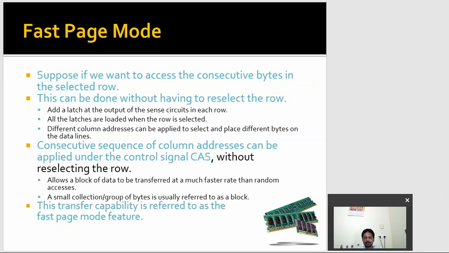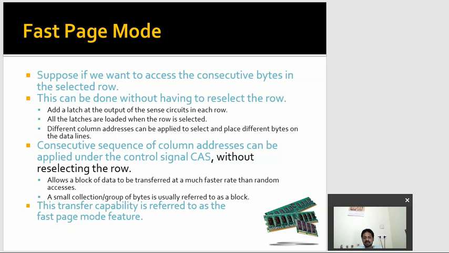So when you select a particular row, all the latches are loaded. Different column addresses may be applied to select and place different bytes on the data lines. So here the row is common, with different column addresses. Previously I described 21, so 2 is common; in 22, also 2 is common.